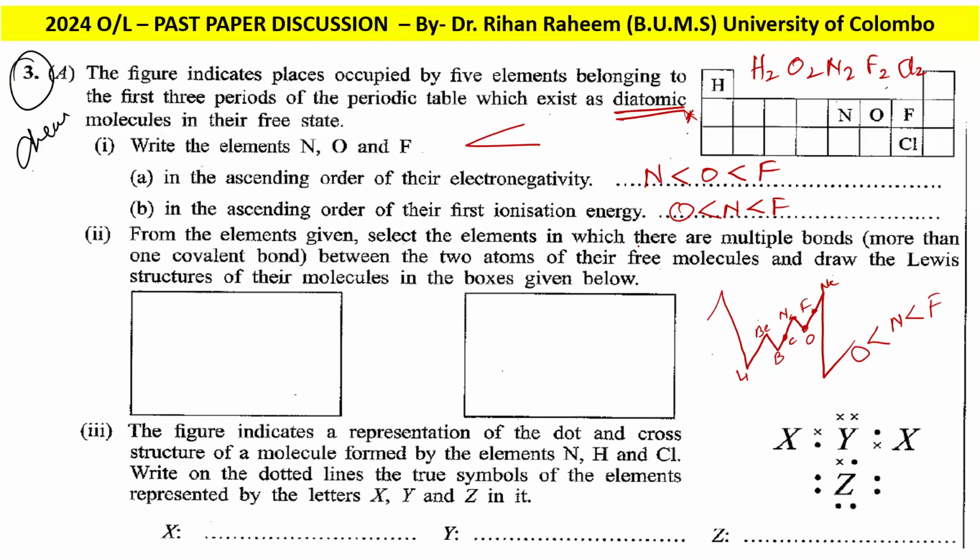Okay. From the elements given, select the elements in which there are multiple bonds, more than one covalent bond between the two atoms of their free molecules, and draw the Lewis structure of their molecules. How many times have we drawn? I've told you, oxygen and nitrogen are special because nitrogen has a triple bond and two lone pairs. Oxygen has a double bond and each oxygen has two lone pairs.